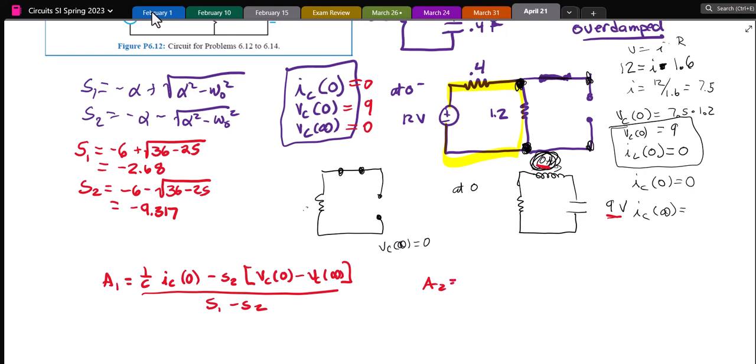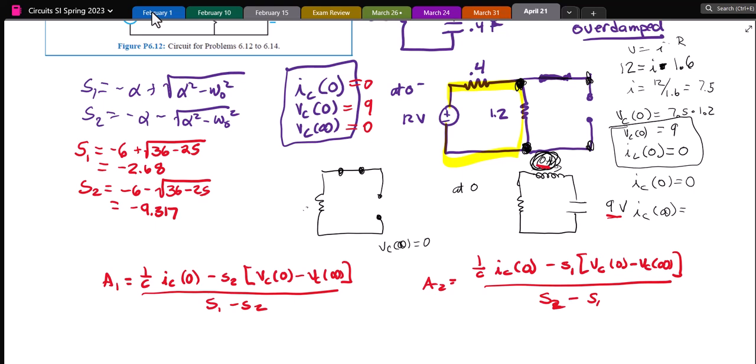And we have that A2 equals 1 over C, IC of 0 minus S1 VC at 0 minus VC at infinity, over S2 minus S1.